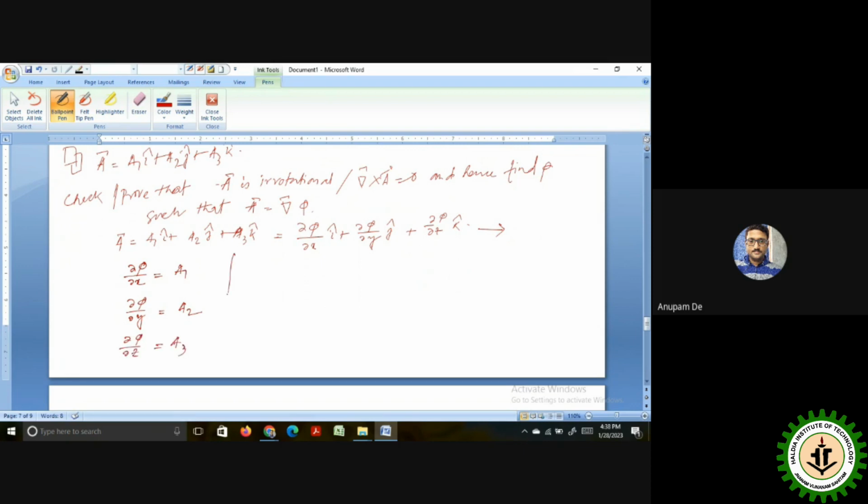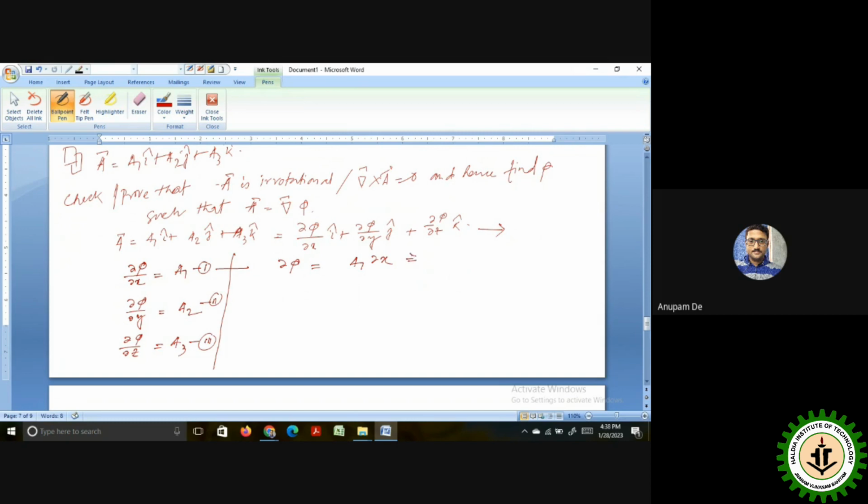Fine. Now from each equation, so from equation 1, here this is 2, and suppose this is 3. From 1, what you are getting? Del phi equal to A1 del x.